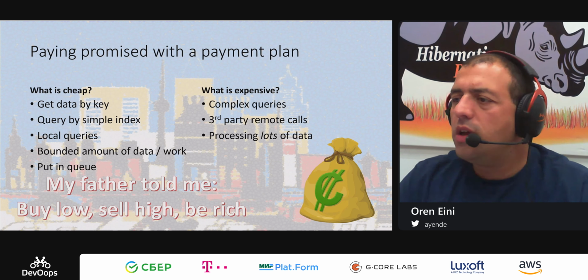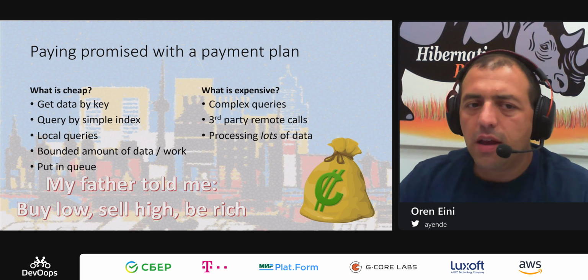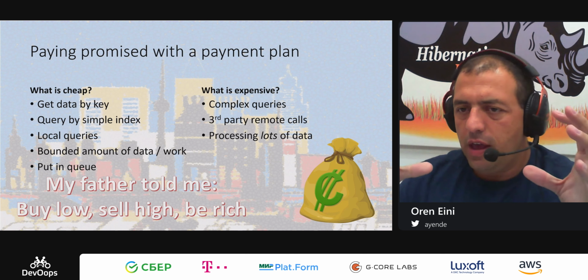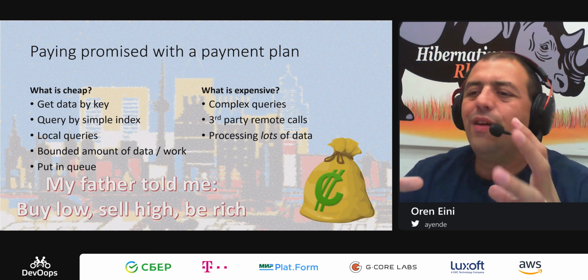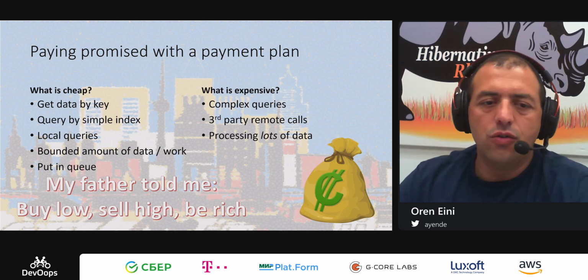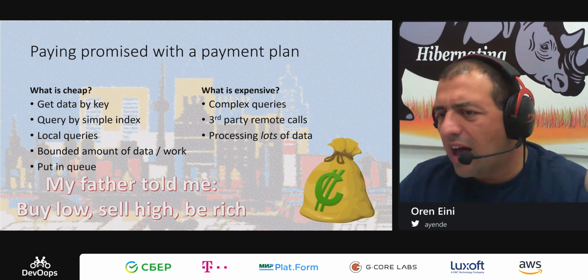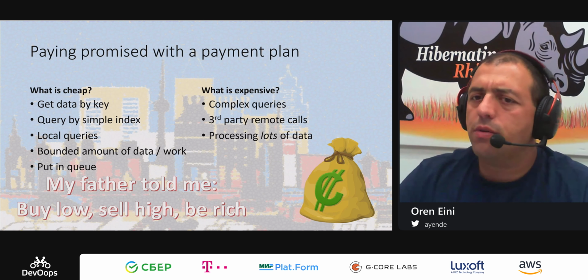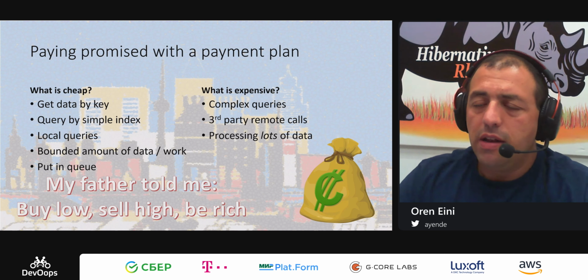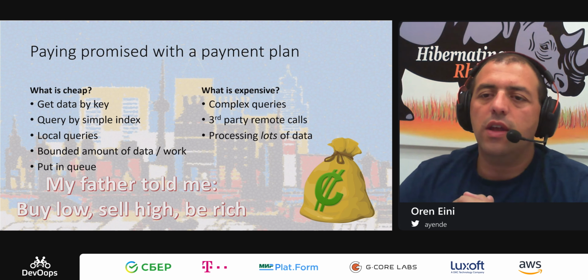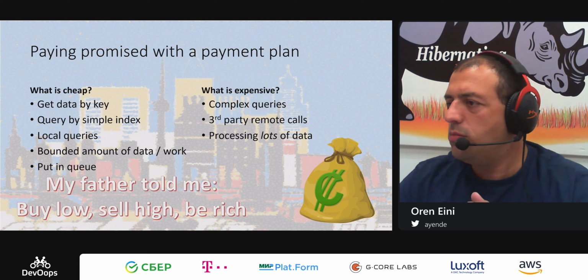Cheap things are looking up by ID, by a simple index, querying the local database. I have a well-defined amount of work that I'm going to do. I can throw stuff into a queue. All of those things are really, really, really cheap. I would expect to be able to process thousands of them per second on a single machine.